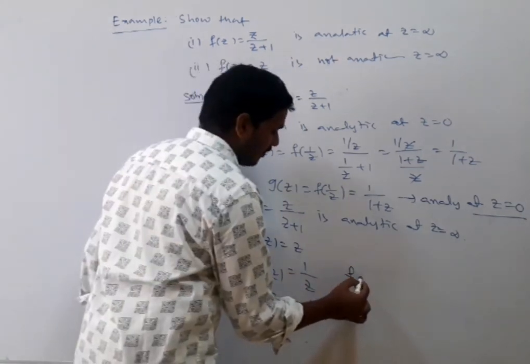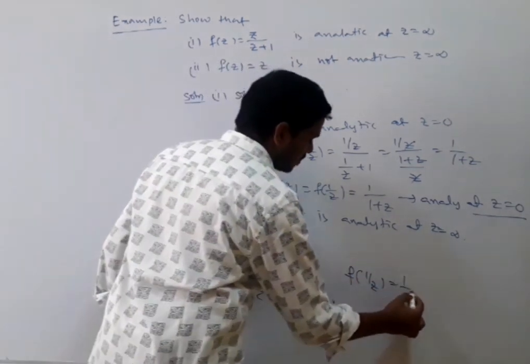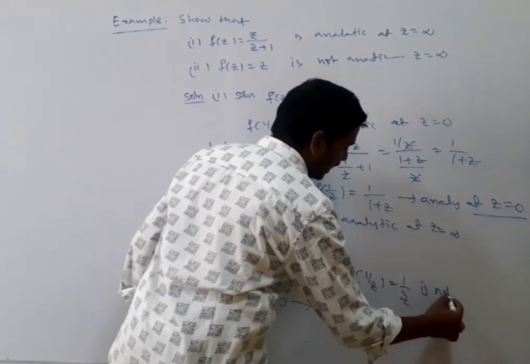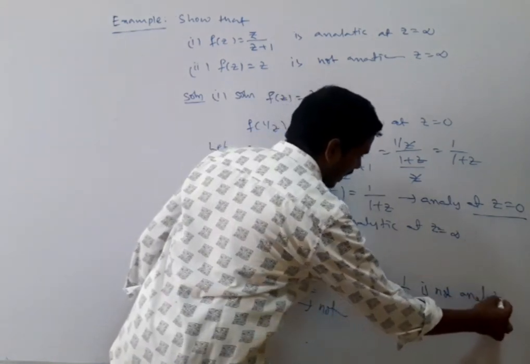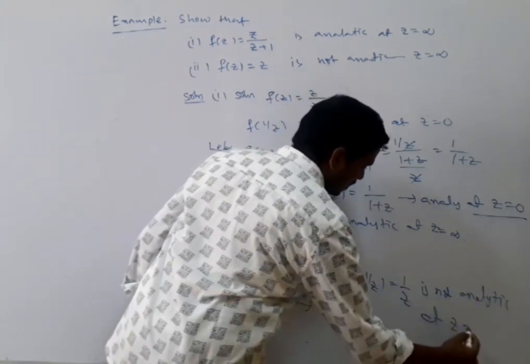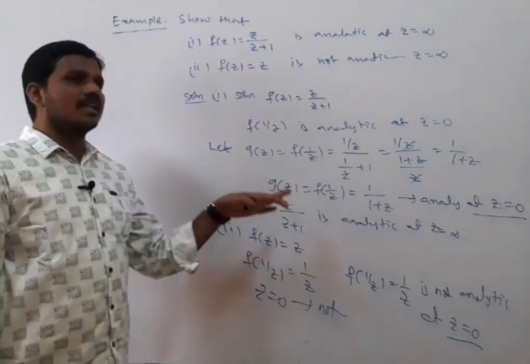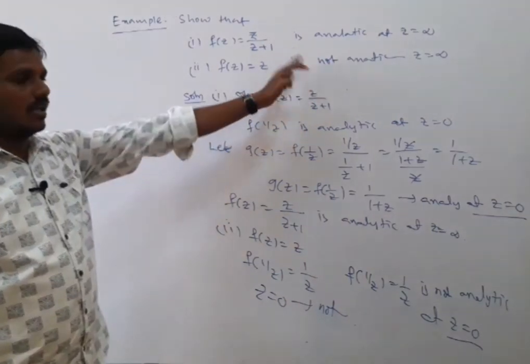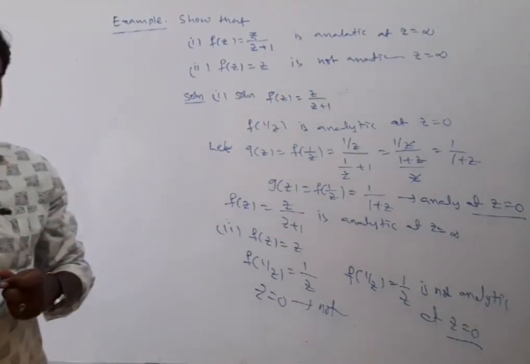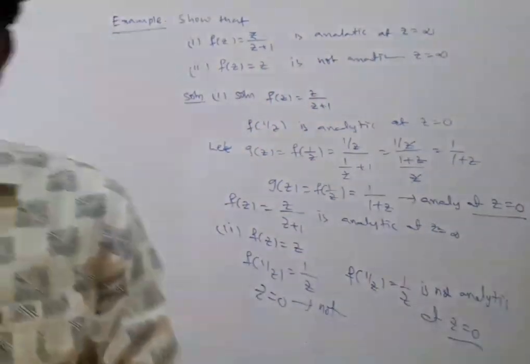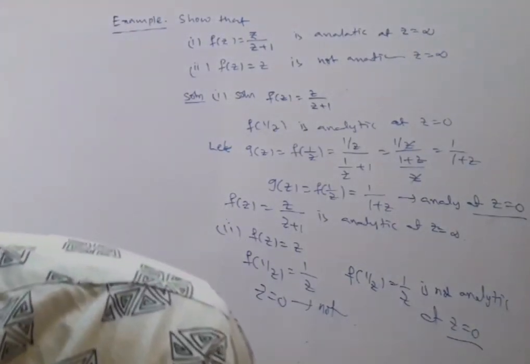Therefore, f of 1 by z equal to 1 by z is not analytic at z equals 0. If it is not analytic at z equals 0, then f of z is not analytic at z equals infinity. Yes, this is about the analyticity of a function at z equals infinity.